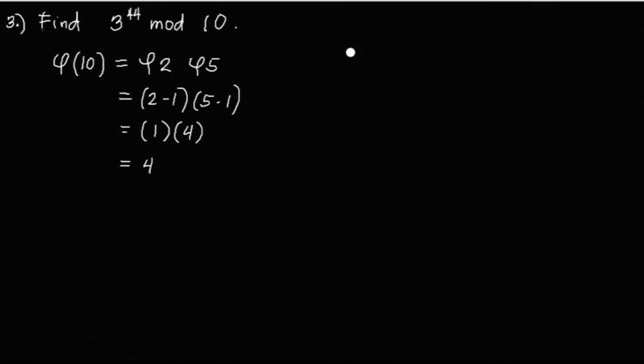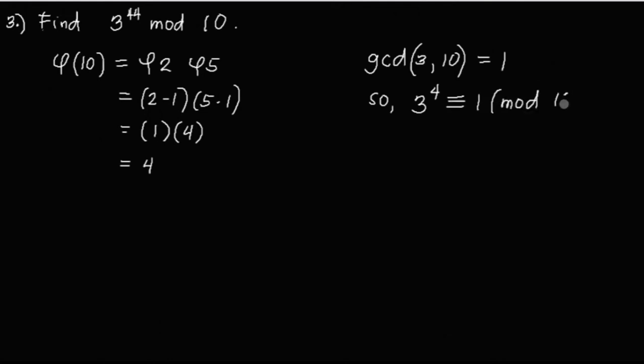And since the GCD of our A, which is 3, and N is 10, is 1, so 3 raised to 4 is congruent to 1 mod 10. 3 raised to 4, hindi 44 guys ha.